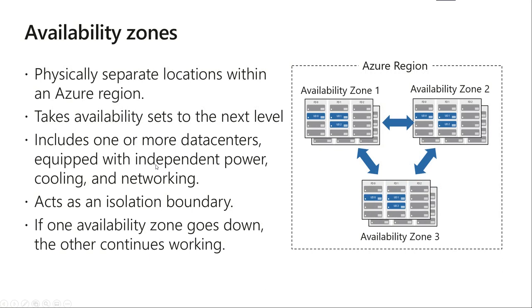And availability zone, the one that's guaranteed 99.99%. These are physically separate locations within an Azure region that use availability sets to provide additional fault tolerance. Each availability zone is an isolation boundary containing one or more data centers equipped with independent power, cooling, and networking. If one availability zone goes down, the others continue working.